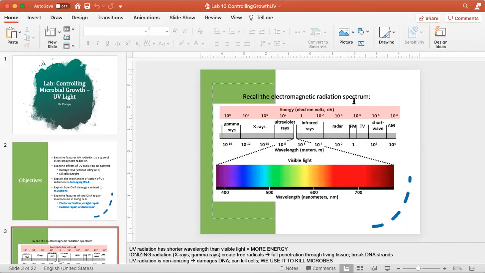On the other end, if you look at the radio waves, FM here, here's television, here's shortwave, here's AM. Look at these. These are not 10 to the minus 6 or 10 to the minus 14. These are 10 to the 2 or 10 to the 4. 10 to the 4 meters long, these wavelengths are. These are very long waves. And therefore, they have very little energy associated with them.